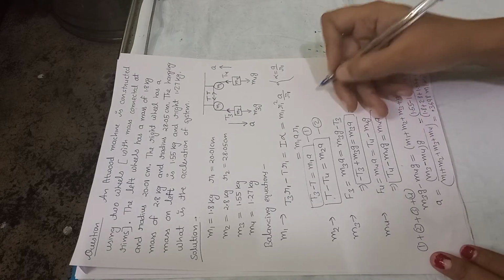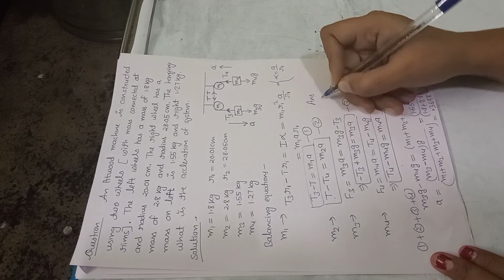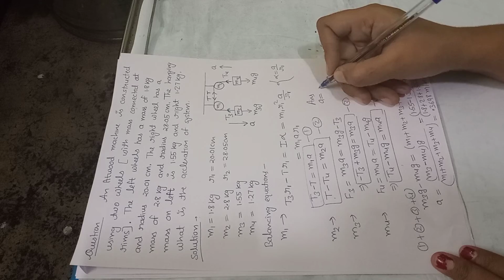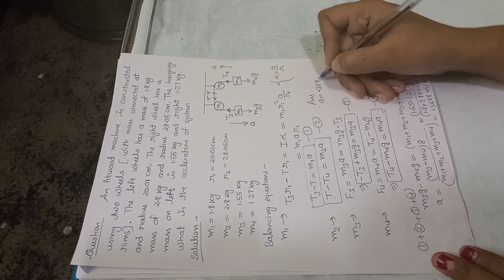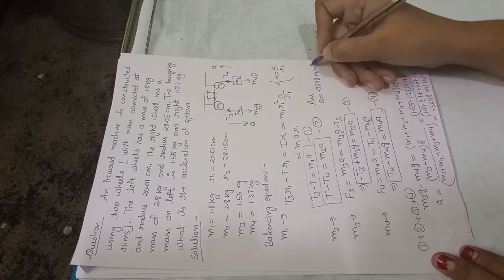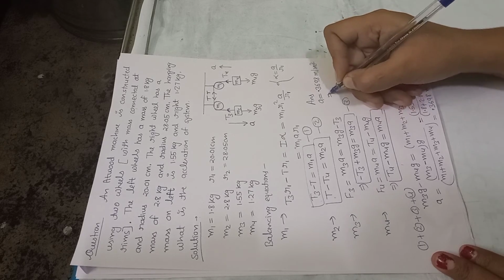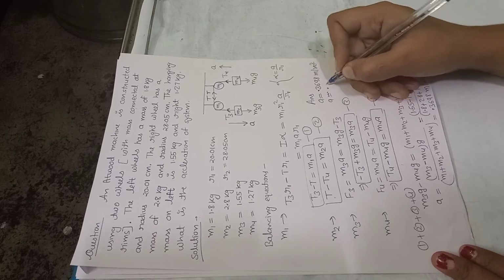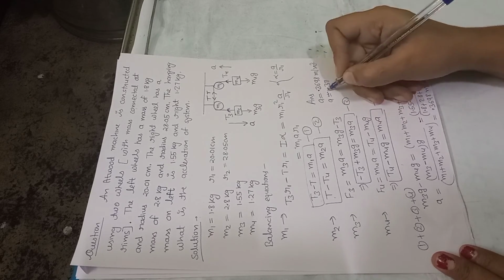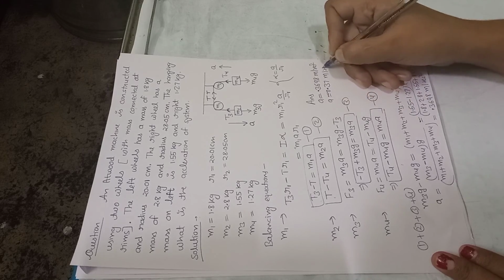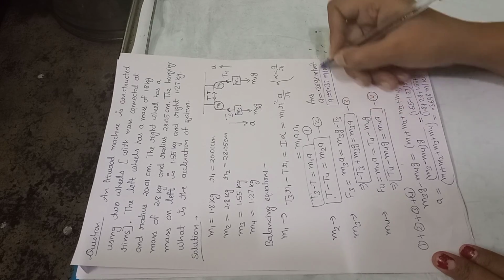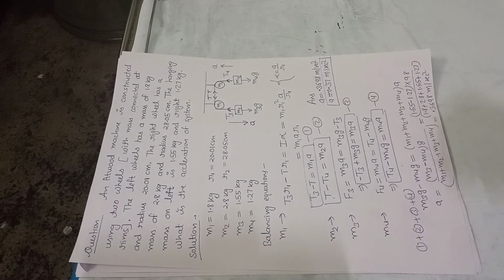So this is the answer. Acceleration is equal to 0.3698 meter per second square, or we can write approximately equal to 0.37 meter per second square is the acceleration for the complete system. Thank you.